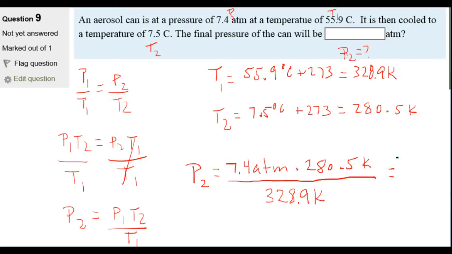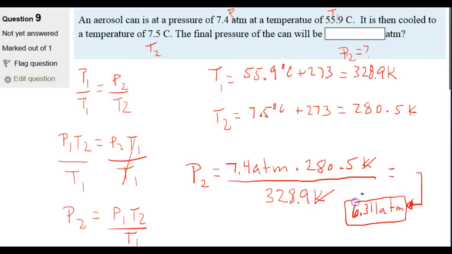So we'll put this in our calculator, 7.4 times 280.5, and we're going to divide that by 328.9, and we'll end up with 6.311. I'll put this answer right down here. Kelvin cancels out, leaving us with atmospheres.